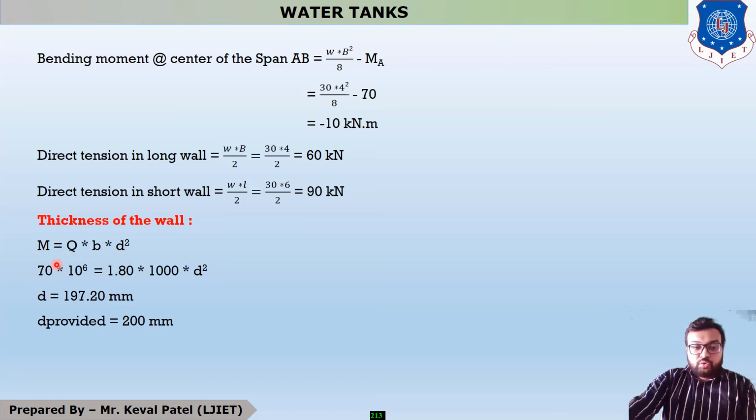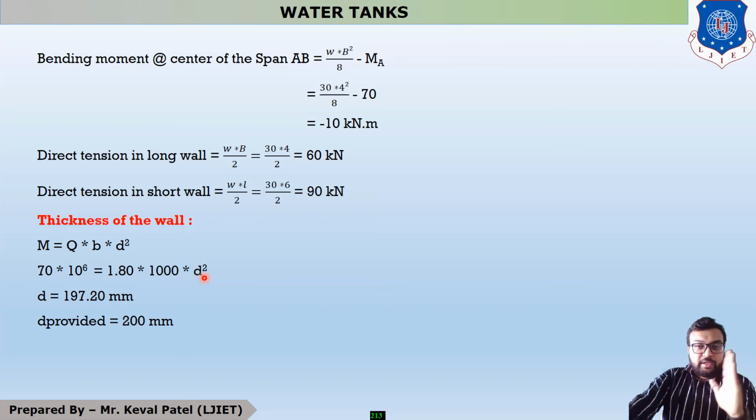Okay. So M means 70, because this is our maximum moment. So 70 into 10 raised to 6 is equal to, the value of Q is 1.8. D is equal to 1000 because we have to calculate all the loads and all the moments per meter length, and d is our unknown.